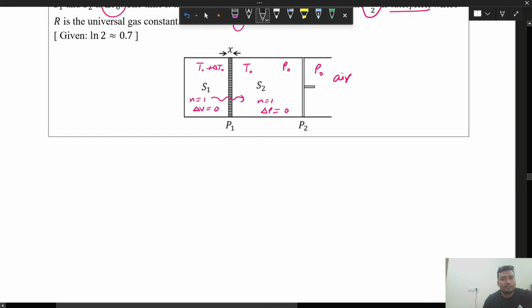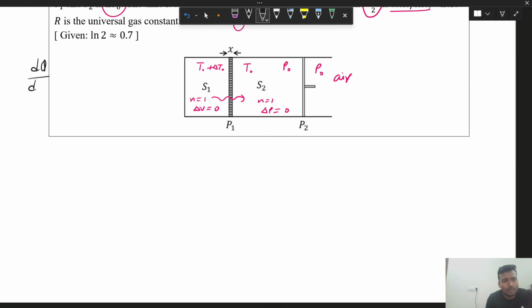First of all, you can start with that conducting equation, that Fourier law. So through that x length heat is exchanging, so dq by dt will be k, A is the area of this P1 plate, and then it is (T1 minus T2) by x. Now what are T1 and T2?